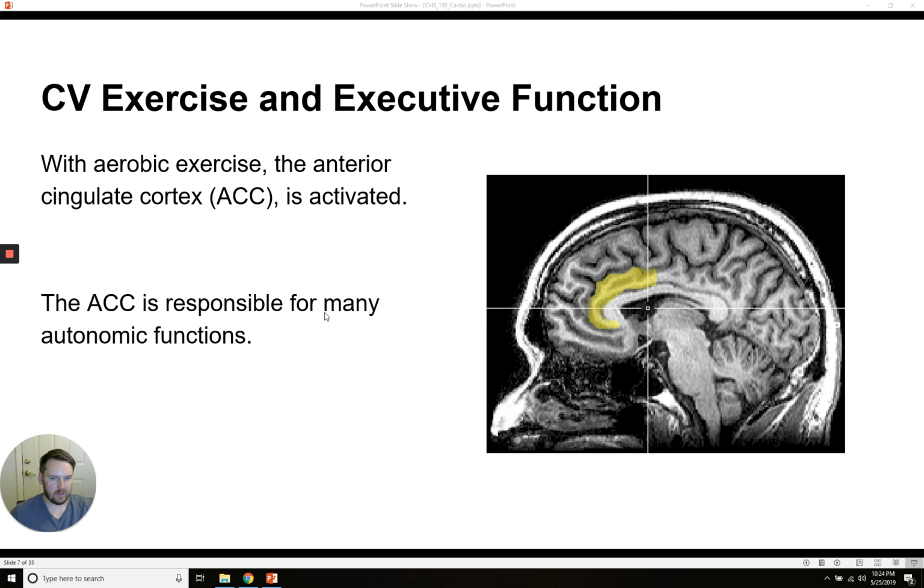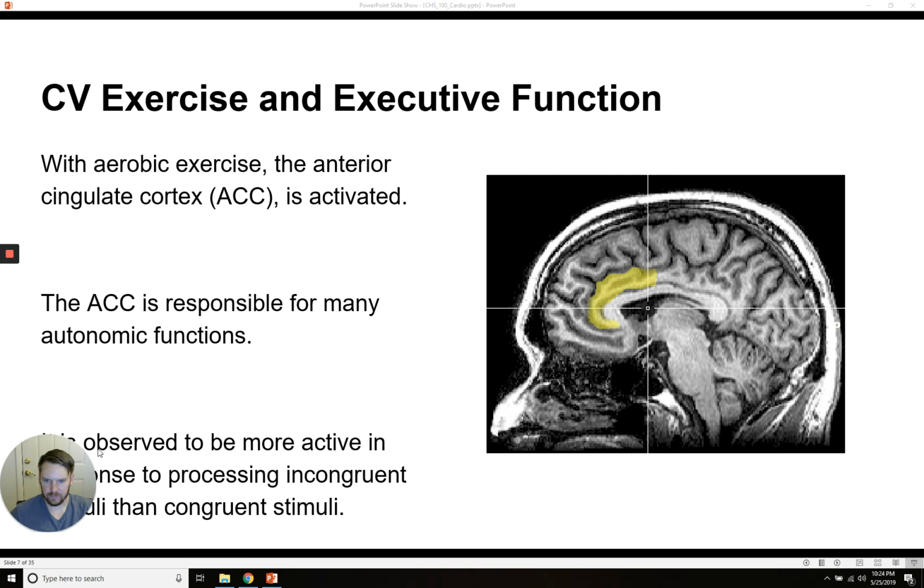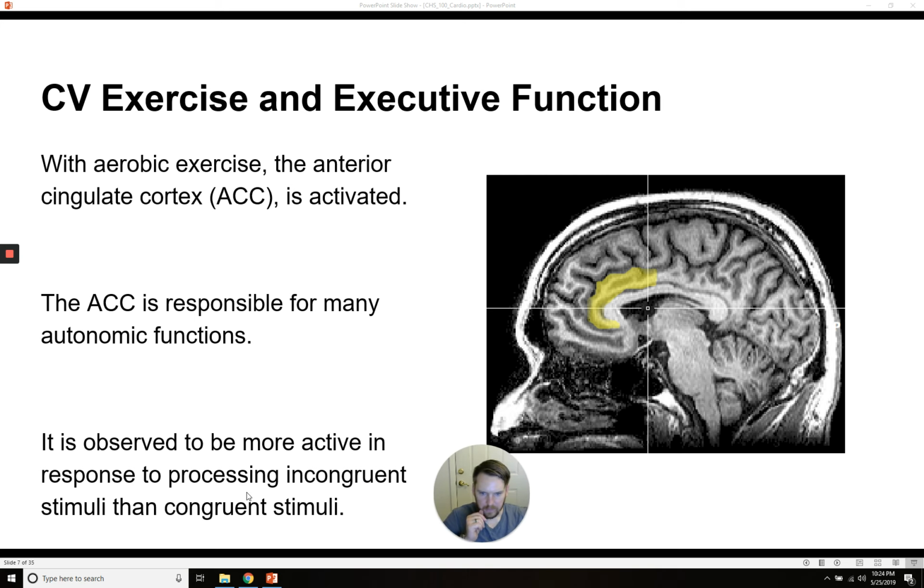Now, this anterior cingulate cortex is responsible for many autonomic functions, and it is observed to be more active in response to processing incongruent stimuli than congruent stimuli.